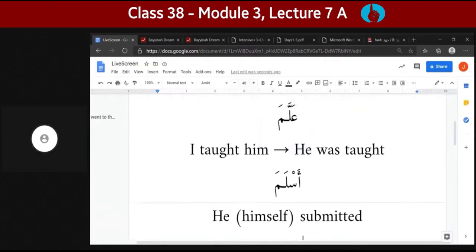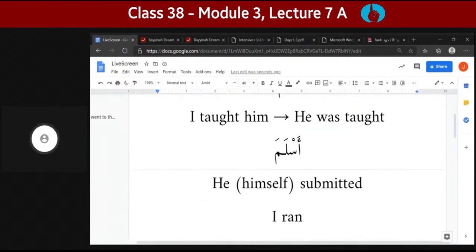So again, transitive verbs affect someone or something else, and they become the done to when you make it passive. Intransitive verbs affect the doer, so you can't find or make a done to, so you can't make intransitive verbs passive. So even though when we learned aslama, we did uslima and yuslamu, uslima and yuslamu are not real words.